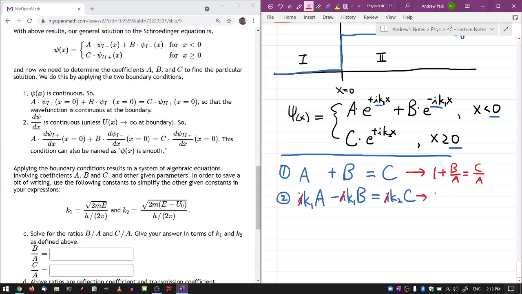I think that's going to be fun. 1 minus, k1's cancel, so B over A is equal to k2 divided by k1 times C over A. All right, I see a bit of an easier way to solve for C over A, because for C over A I can do a linear combination. I can take this whole thing, add it to the equation above, and if I do that, this is what I end up with. So 1 plus 1 gets me 2.